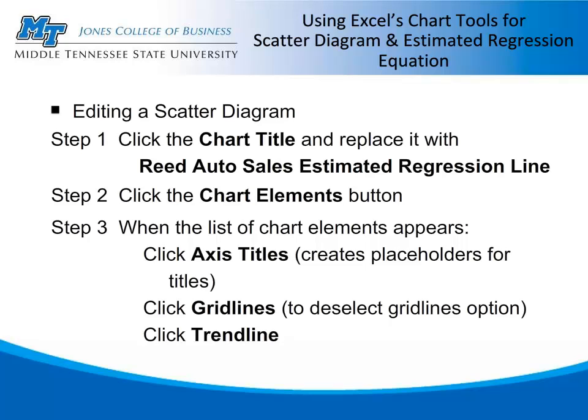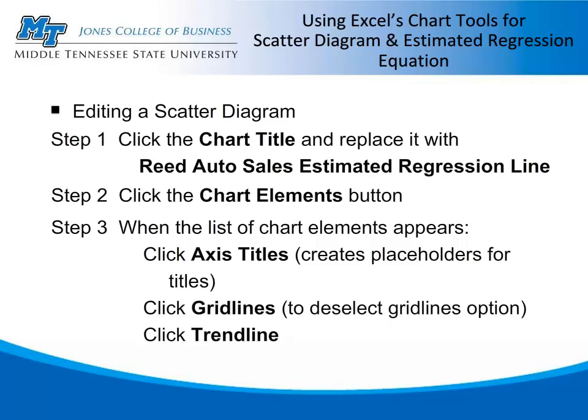Now these steps are to edit the scatter diagram. You just click on the placeholder for the chart title, and then you can type in Reed Auto Sales Estimated Regression Line and make that the title. For the chart elements, if you look up at the top right hand corner, there's a plus.